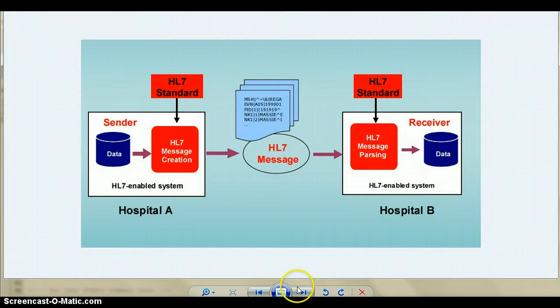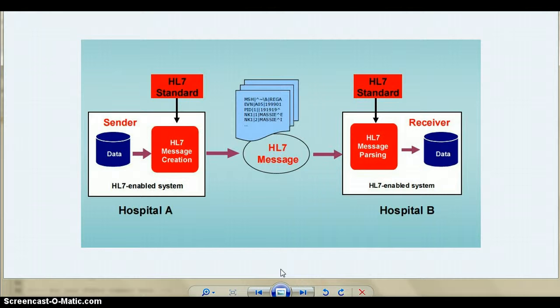So the important things to know about using the HL7 protocol is the message type. What the ADT specifies is the purpose of the message, so it can be admission, discharge, or transfer.